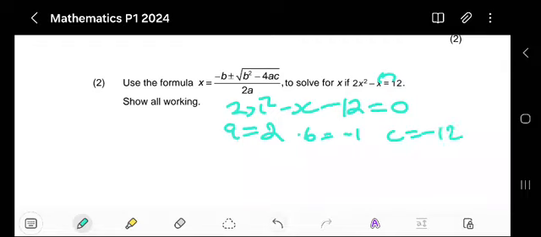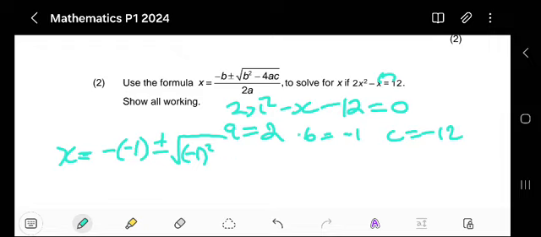So x is equal to, we use that formula already, it is there. We can just substitute straightforward because they have already given it to us. We have minus b, which is minus 1, plus or minus the square root of minus 1 squared minus 4a, which is 2, times c, which is minus 12.